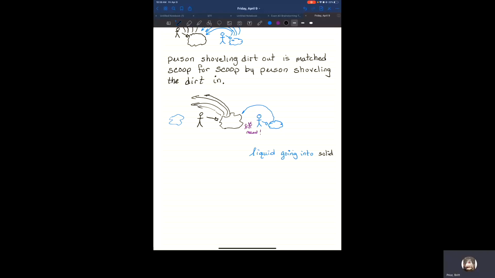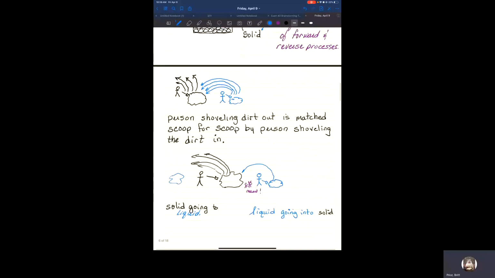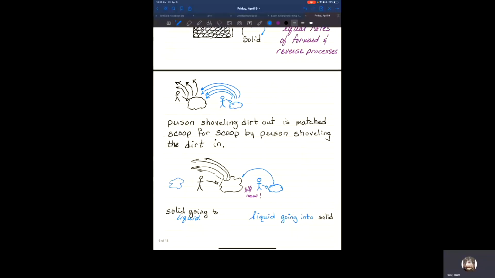On the other side of my really crazy drawing here, I've got the solid going to liquid. As long as those two processes are being matched scoop for scoop, the amount of solid is not going to change.